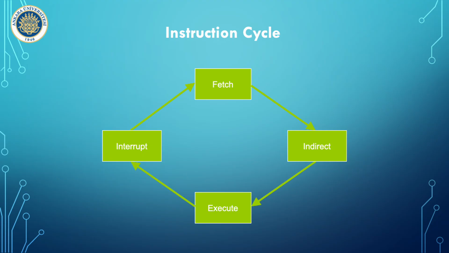If an interrupt signal is detected, an interrupt cycle is inserted so that the processor can save its state and service the interrupt. After that, control returns to the fetch cycle and the normal sequence continues. This cyclic behavior is at the core of CPU operation.